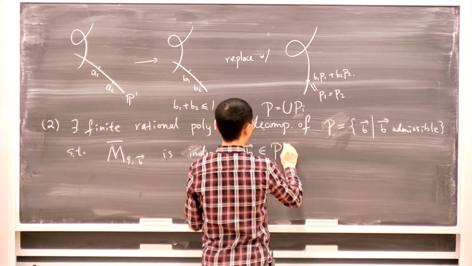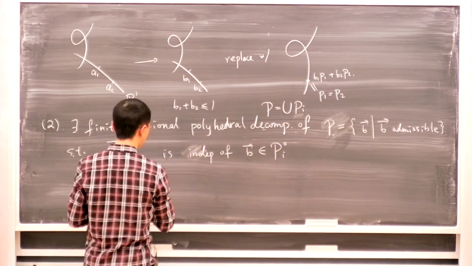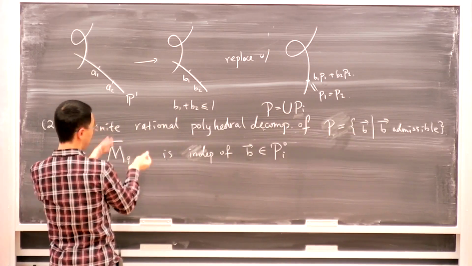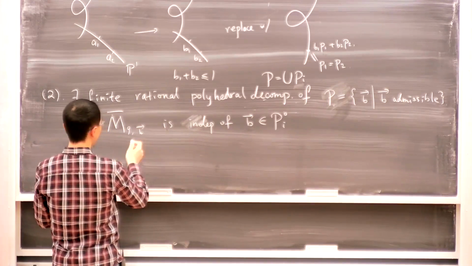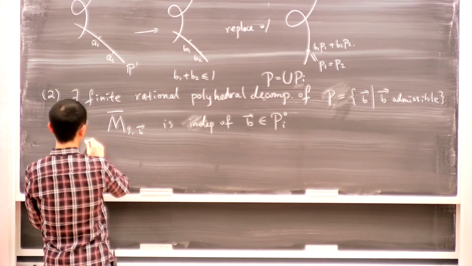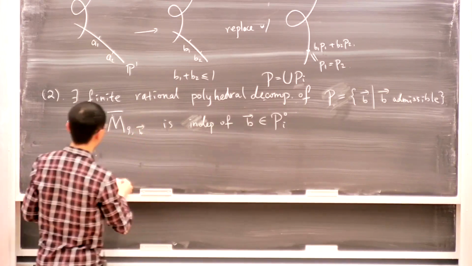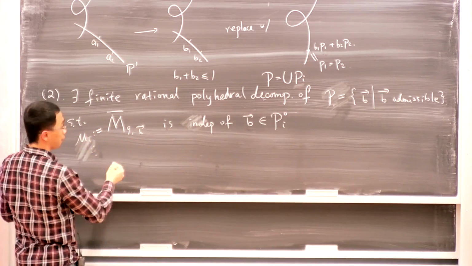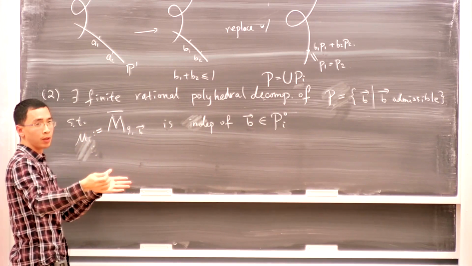As long as you vary the coefficient vector inside the interior of a polytope, then this space doesn't change. So maybe I can call this Mi, since it's independent. And then if you have a face of the chamber, then there's a wall-crossing morphism.